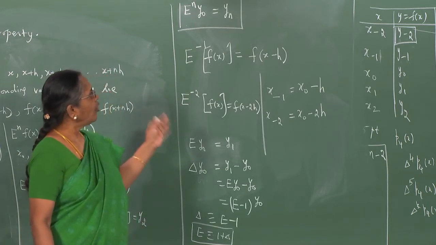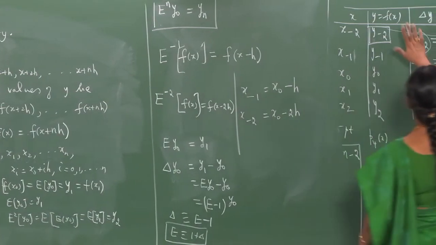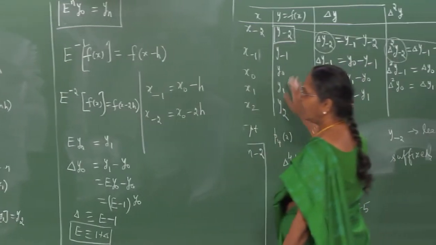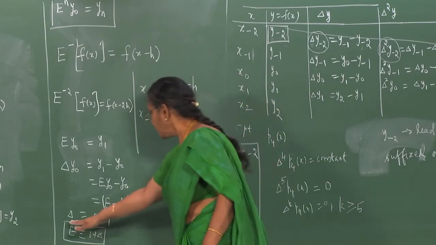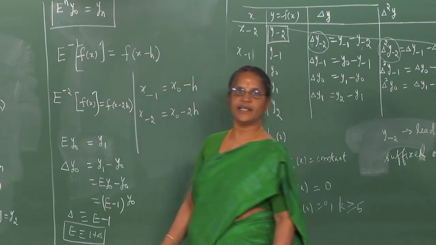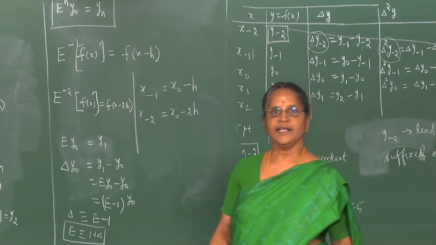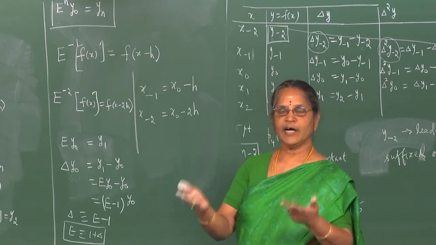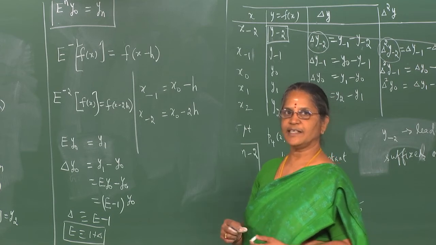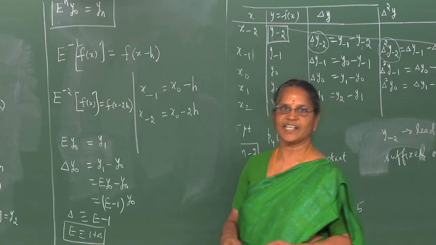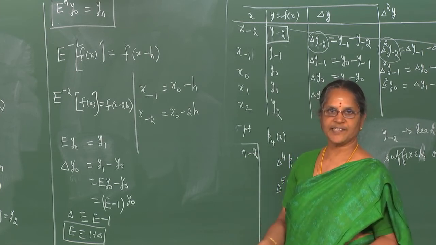So, our goal now is to make use of the forward difference table, the property of the shift operator, and the relation between the shift operator and the forward difference operator in writing down an interpolation polynomial that interpolates a given function at a set of discrete points which are equally spaced.